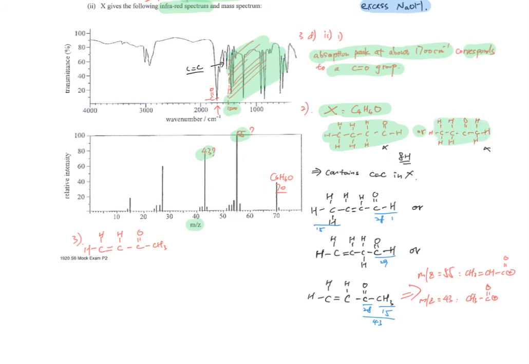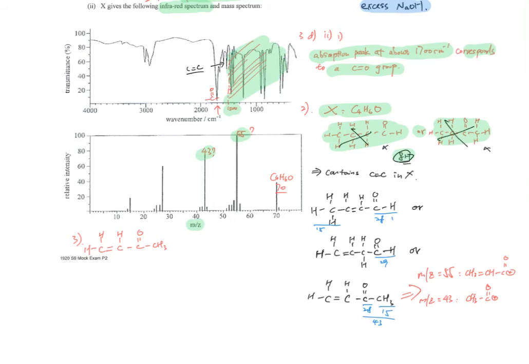But after we draw it with all single bonds except the carbonyl bond, we found that there are more than 6H. It has 8H. That means these two compounds are not the exact compound we needed because they contain 8H. So we cross them out.